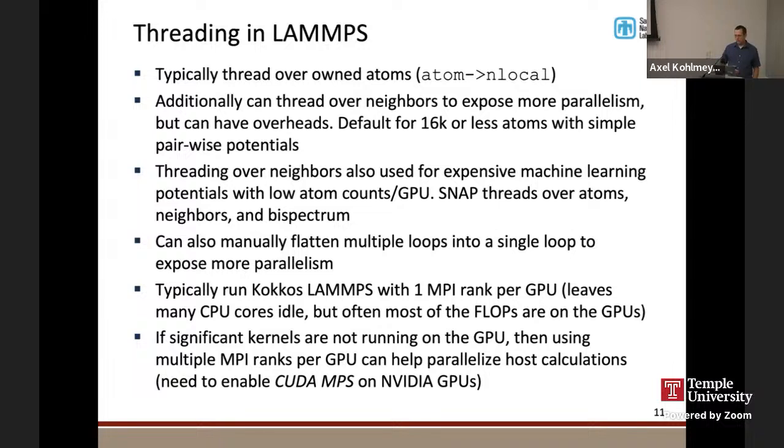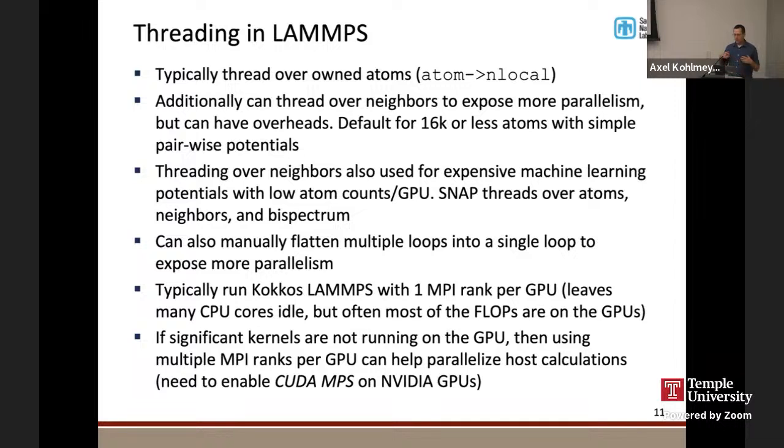So in LAMMPS, we typically thread over owned atoms. That could be like atom in local, or also the neighbor list has the inum variable. We can additionally thread over neighbors to expose more parallelism, but that does have some overheads. If you run with a simple pairwise potential, then this is the default if you're running with 16,000 atoms or less.